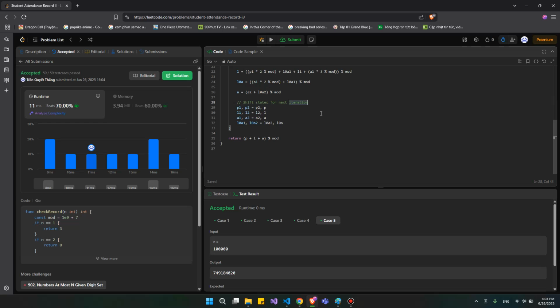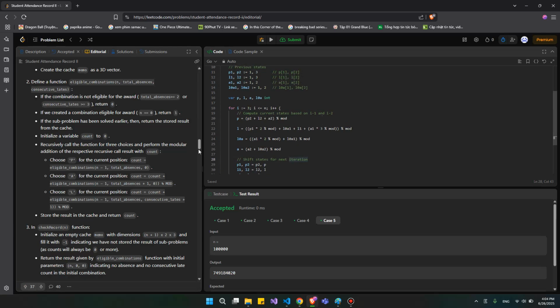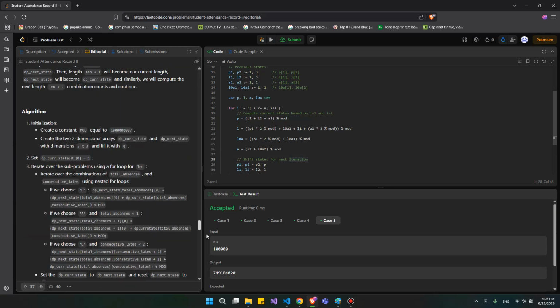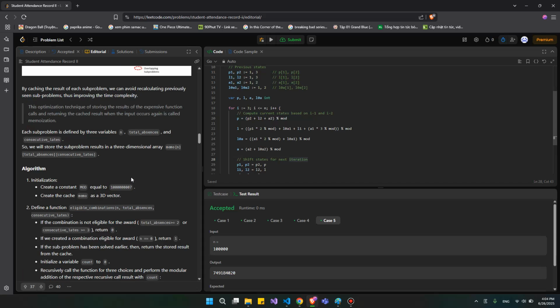And of course you can read the editorial to read their solution.